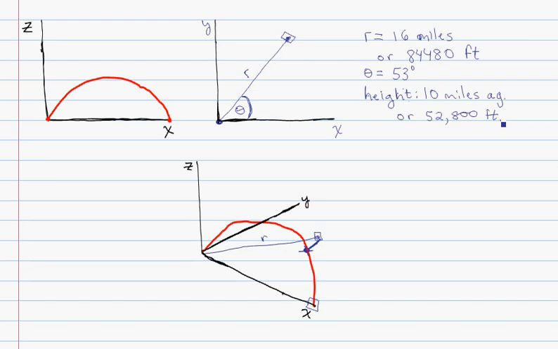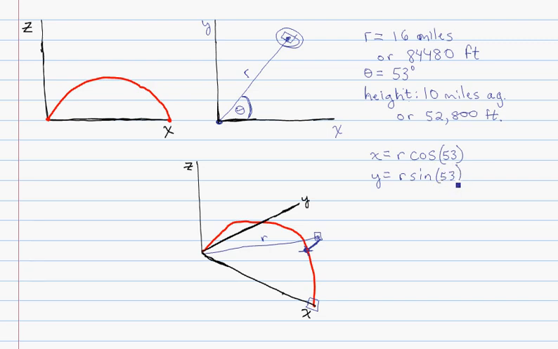So, the first thing that we want to try to do is figure out where we are in the XY plane over here. So, you can use polar coordinates to figure this out. We know that X is equal to R times cosine of the angle, which is 53 degrees, and Y is equal to R sine of the angle.